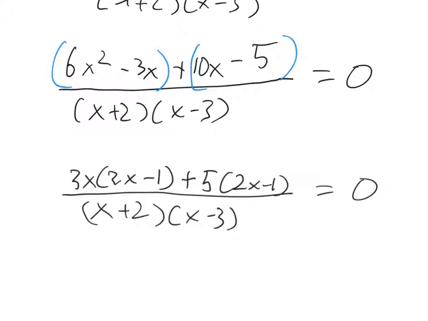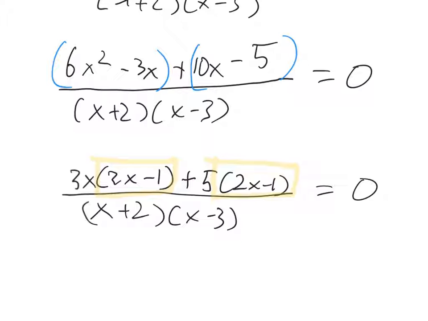So it looks like we did things well. We chose the right numbers because, hey, we've got this 2x minus 1 and this 2x minus 1 here. So these are now common factors on the top here. So just like we were able to pull out 3x and 5, we can pull out 2x minus 1 as a common factor.